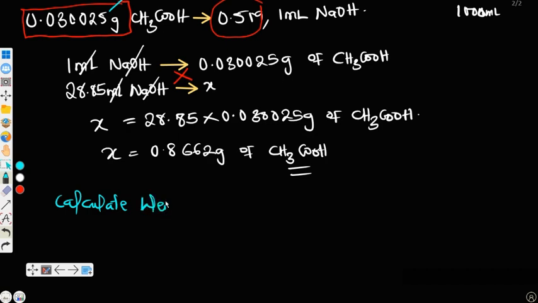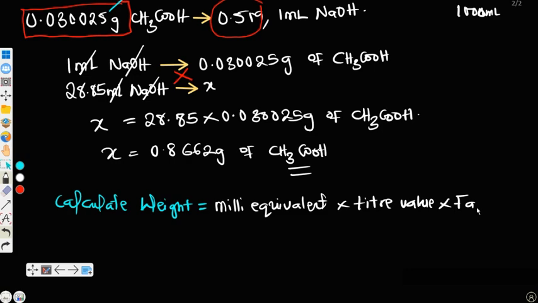There's a formula that you guys usually use. You say calculated weight is equals to what? Milli equivalent times what? Titer value times factor.